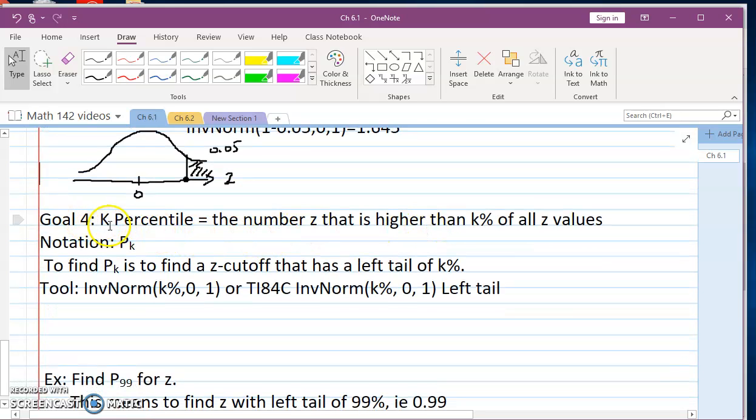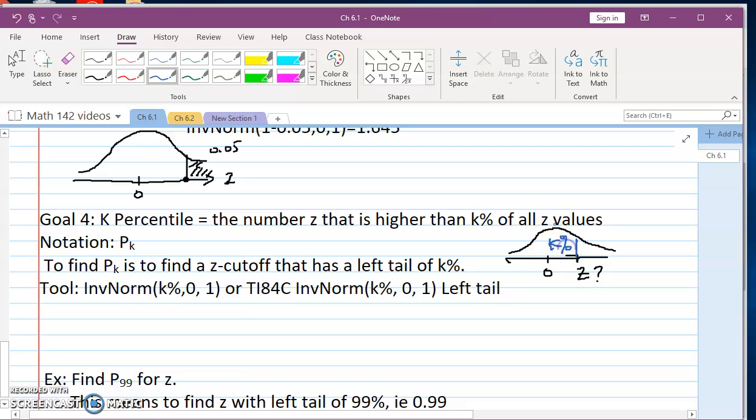The last one that we want to do is called percentile. Percentile has the notation P of K. If you want to find a percentile cutoff, that means this number is higher than K% of all data. So if you draw a normal curve, some numbers are below this Z, and the percentage of all these is K%.